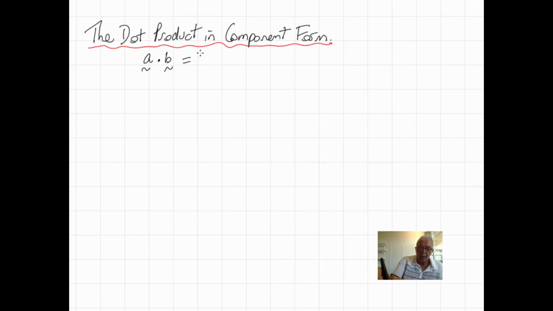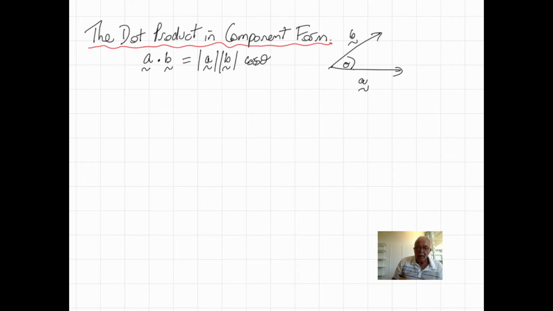By definition, it was the magnitude of vector A times the magnitude of vector B cos of theta, where theta is the angle between the two vectors. So if you like, we've got vector A and vector B, and theta is the angle in between them. This answer is a scalar because we've got scalar, scalar and scalar. So we've got A dot B.